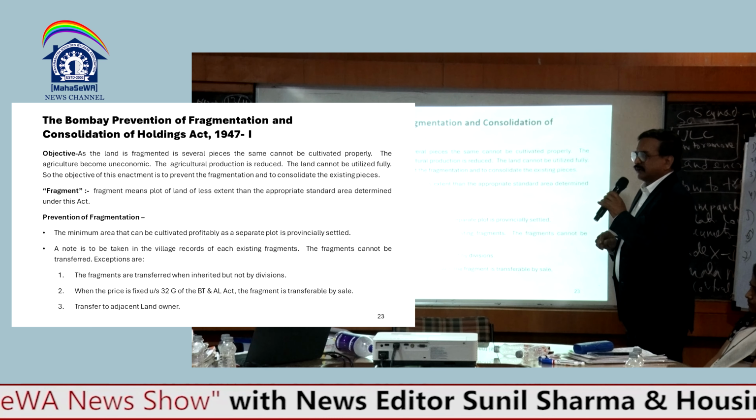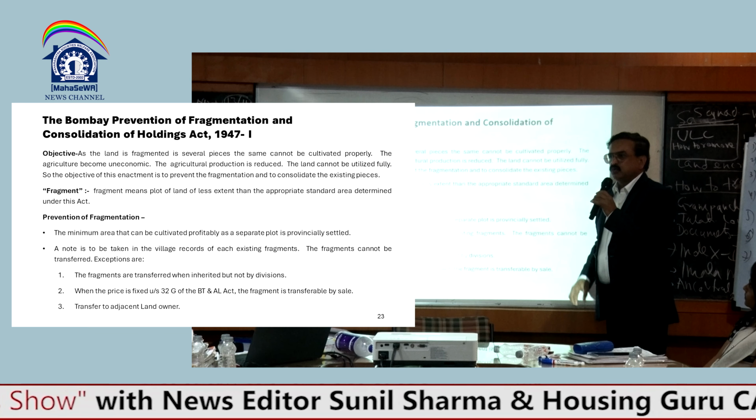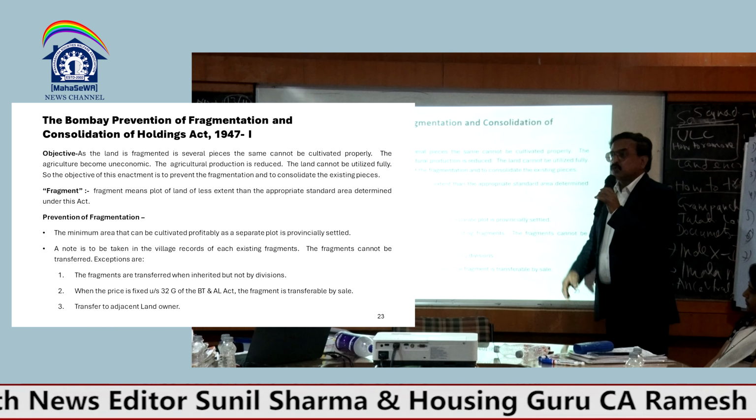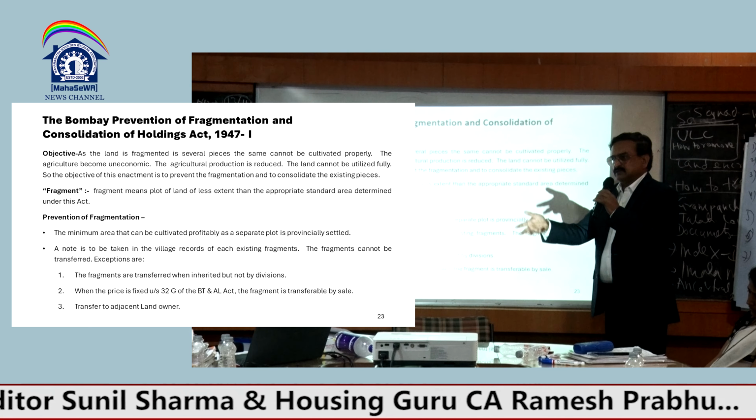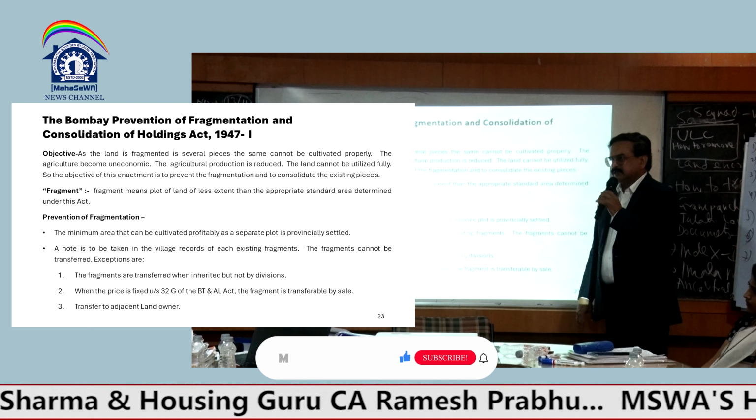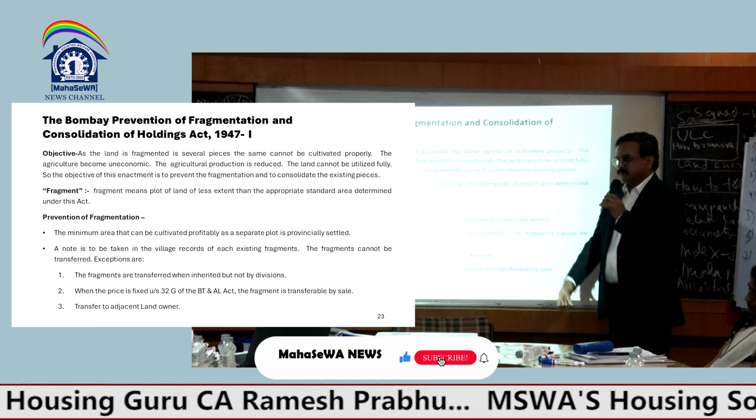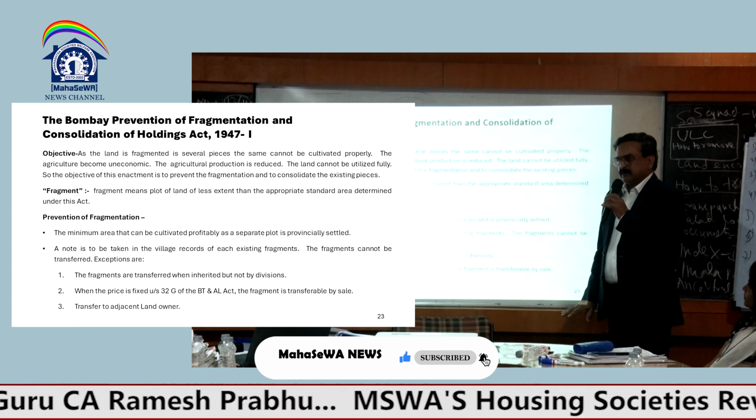For example, in Konkan 5 guntha bagaiti, then 10 guntha bagaiti, 20 gunthas semi irrigated, and 40 gunthas for dry land, something like that is there.